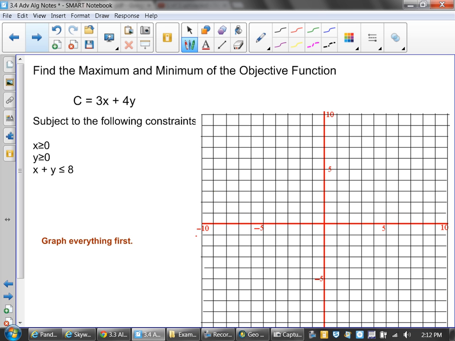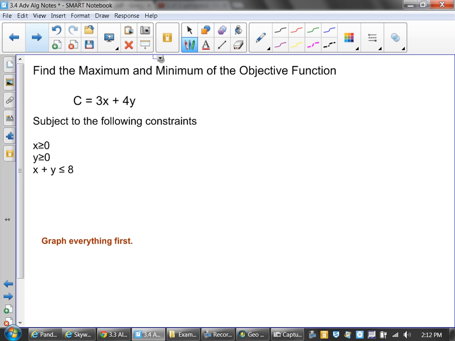So the next step of this is to introduce you guys to what is called the objective function. After you're able to figure out those 3, 4, 5 points at which the intersections occur, where it changes direction on the graph itself, you've got those ordered pairs, but you've got to figure out, well, what do I do with that information?